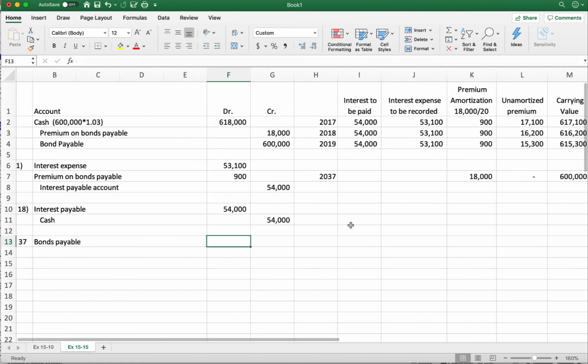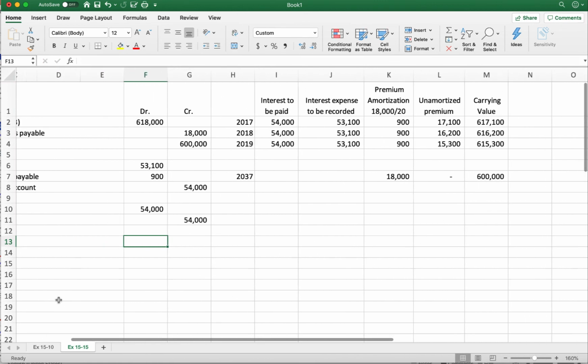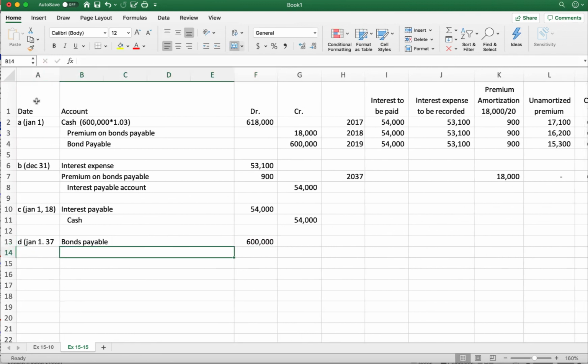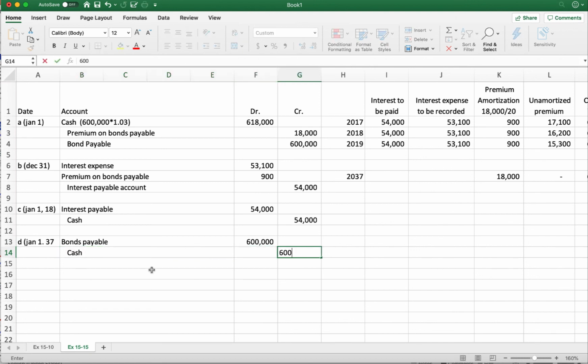Well, the balance, the carrying value, is $600,000. What am I going to credit? Well, I have to pay back cash, right? I have to pay them cash because the bond is matured. They get their money back. And that's the journal entry for D, okay?